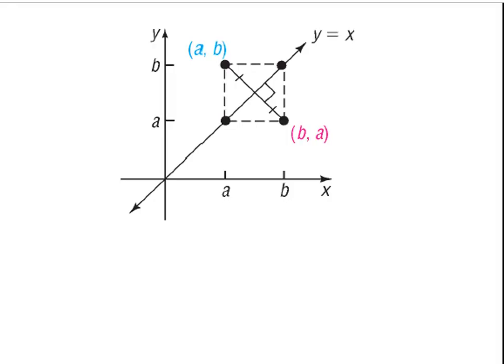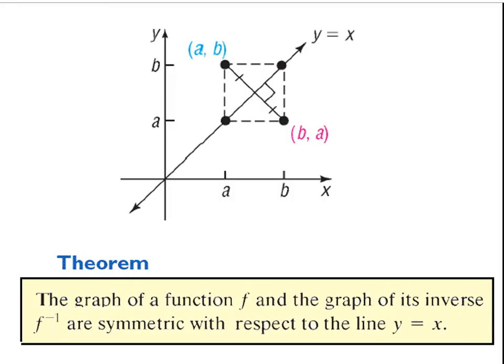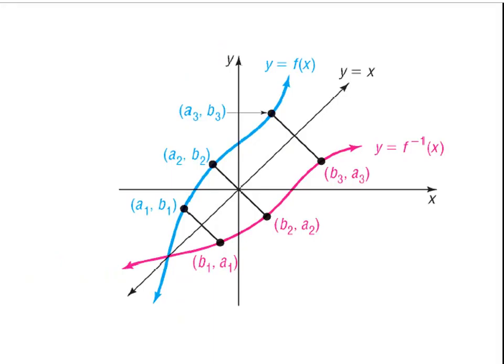So what we're going to notice here in just a second is that the function and its inverse will be mirror images over the line y equals x due to the symmetry that we get by interchanging domain and range. So here's a theorem in the section that says the graph of a function f and its inverse are symmetric to each other about the line y equals x.